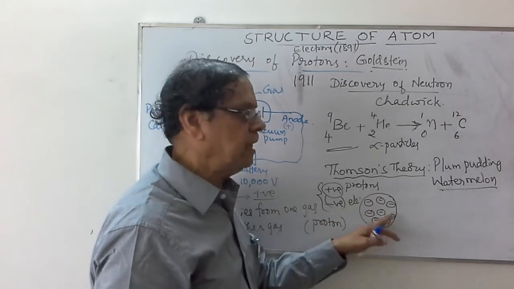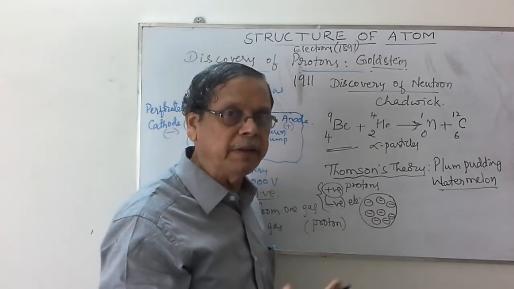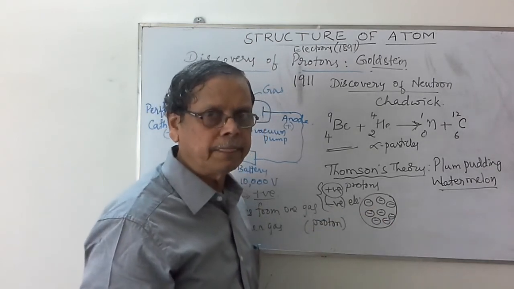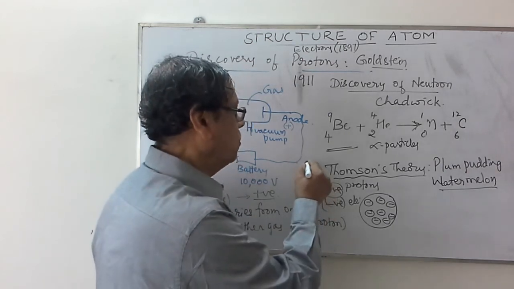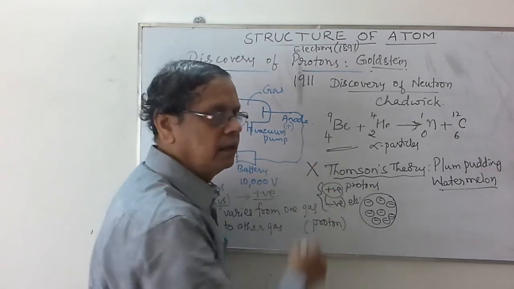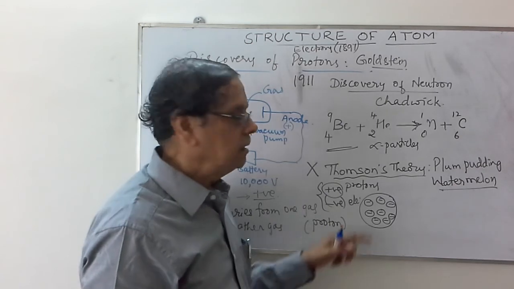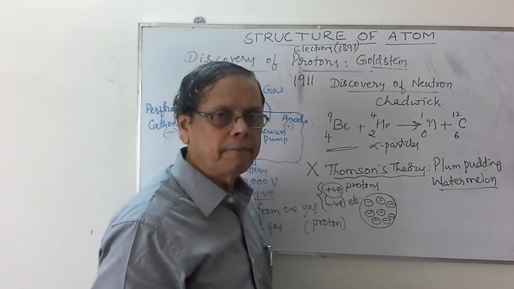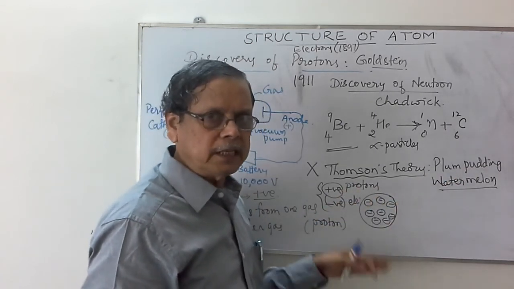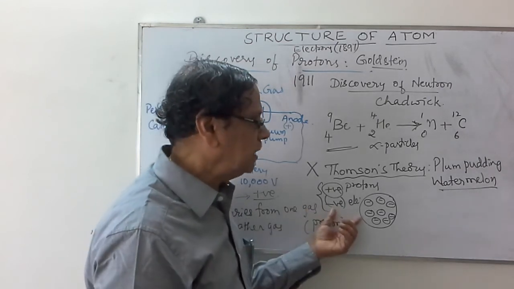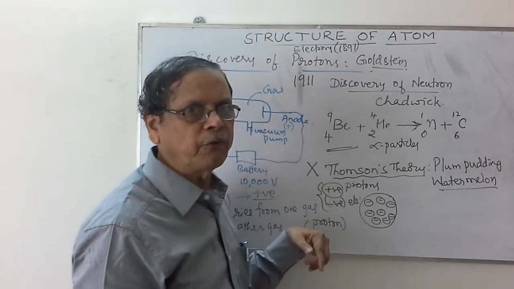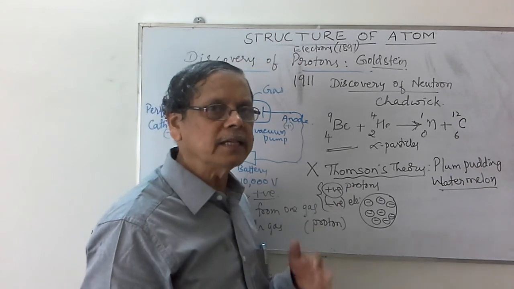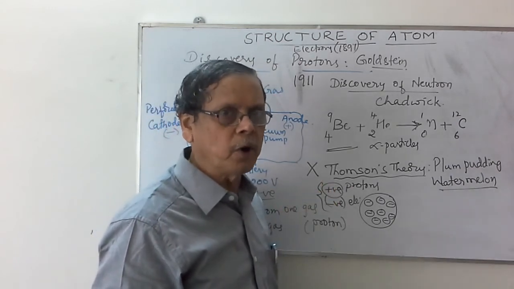When there is attraction, it does not give stability to the atom. That's why Thomson's model does not explain the stability of the atom. Considering these limitations, we have to go for the other theory, that is Rutherford's model.